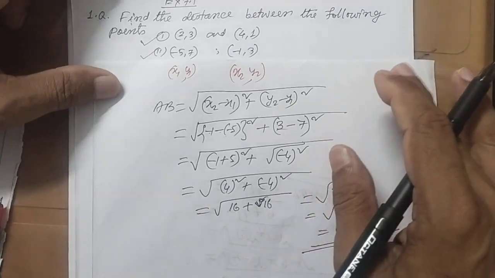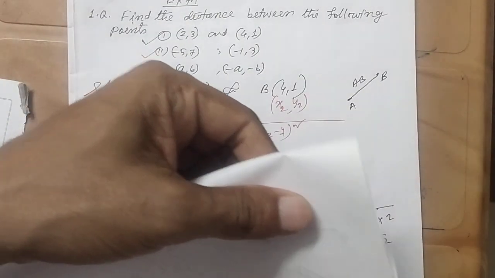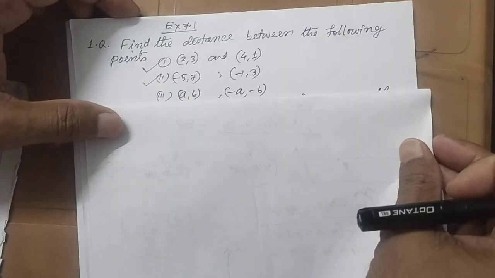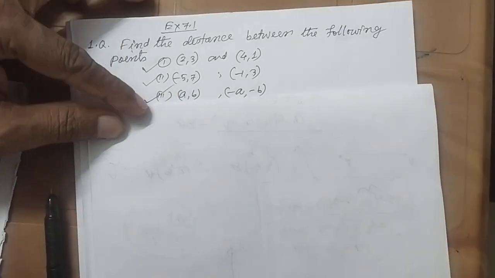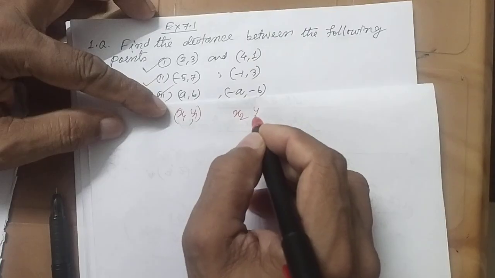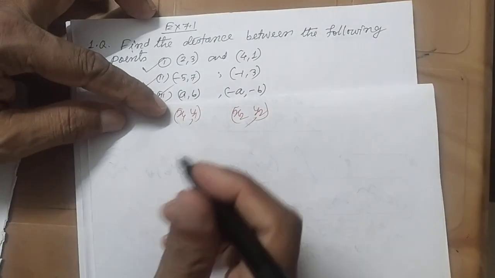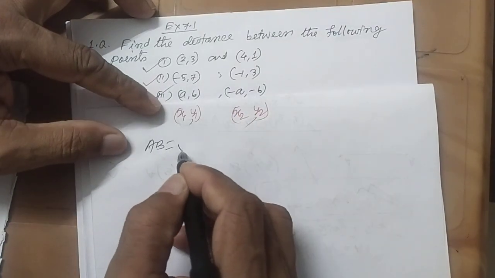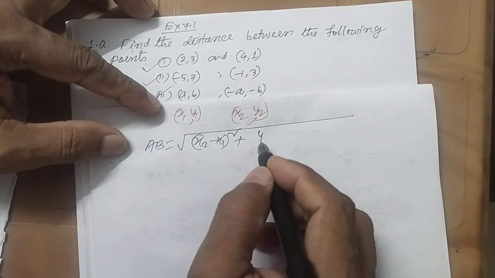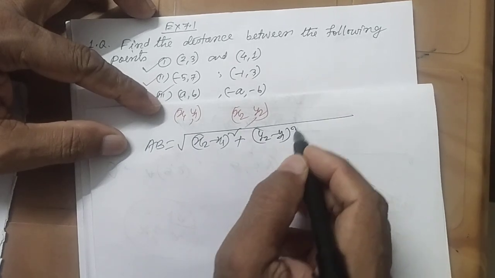Okay, now the third question. Third one, you just mark the first one as x1 y1 and the second one as x2 y2, and use the formula. Distance AB is root of x2 minus x1 square plus y2 minus y1 square.